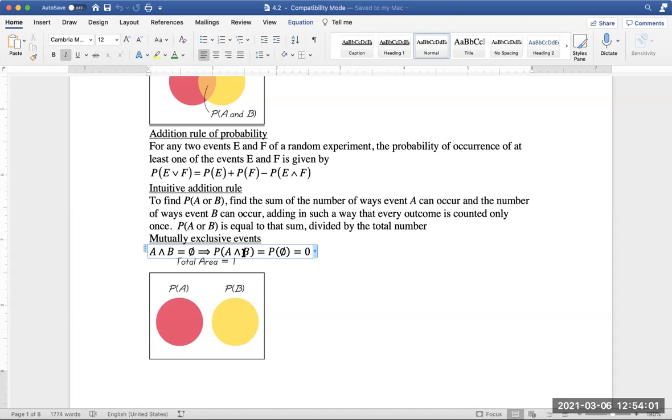As we've seen before, the probability of A intersect B, where A and B are mutually exclusive events, is just 0. So if this is event A, this is event B, and they're mutually exclusive, then the probability of A and B is 0, because they can't occur simultaneously.